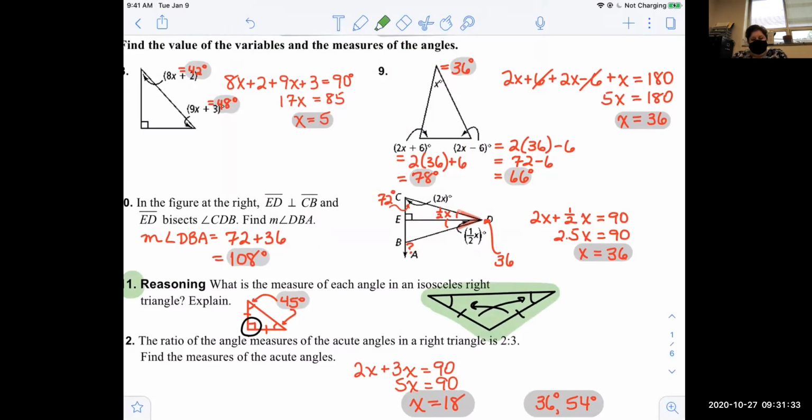Those are called the base angles. They're across from the congruent sides. So if you're looking at an isosceles triangle, it has two congruent sides. The angles across from them will be congruent. So that means in a right triangle, it'll always be 45, 45, and 90 because there's going to be two congruent angles that add up to 90. Nick.